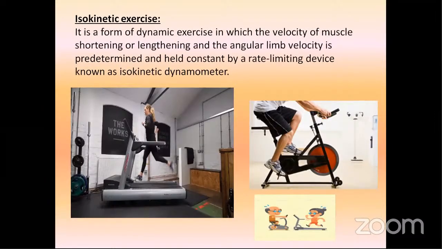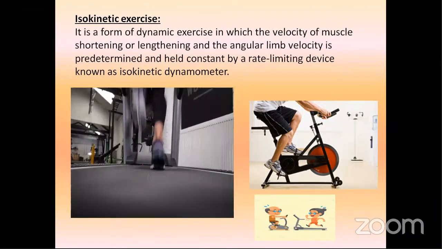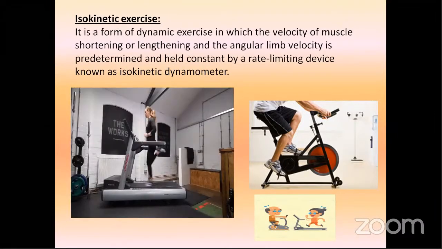Moving on to isokinetic exercise, it is a form of dynamic exercise in which the velocity of muscle shortening or lengthening and the angular limb velocity is predetermined and held constant by a rate-limiting device known as an isokinetic dynamometer. In this exercise, the velocity or speed of the exercise remains the same, while in isotonic exercise, the velocity varies.